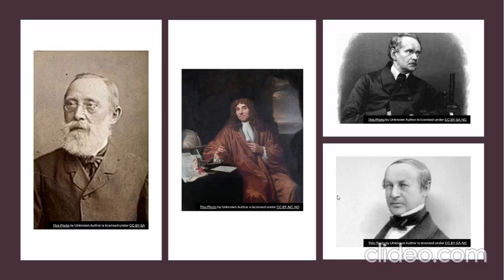Matthias Schleiden observed that all vegetable tissues are made of cells. Theodor Schwann observed that all animal tissues are cells. Rudolf Virchow proved that all cells come from previous cells.